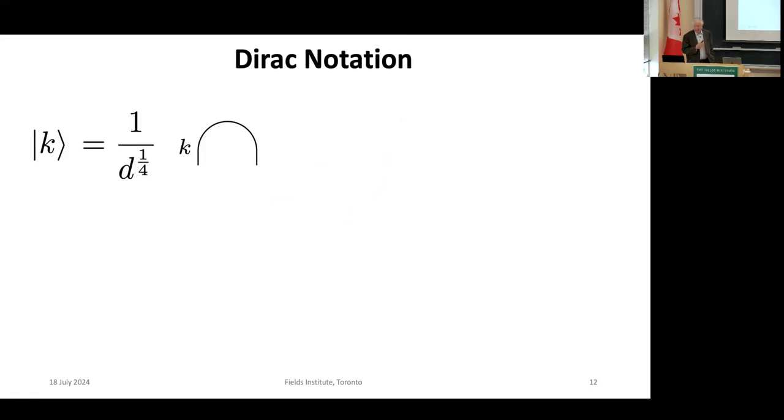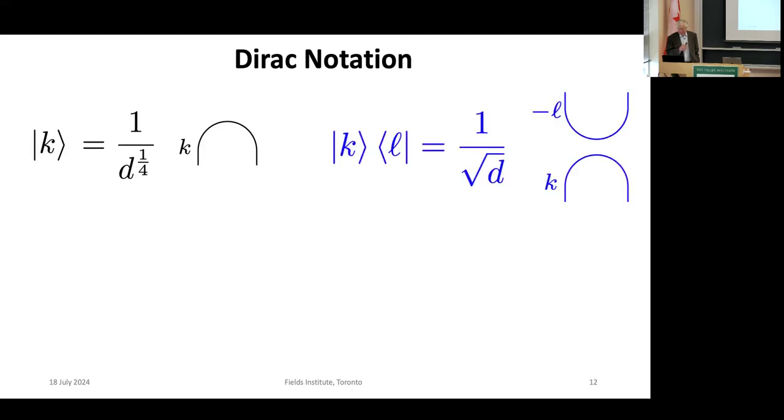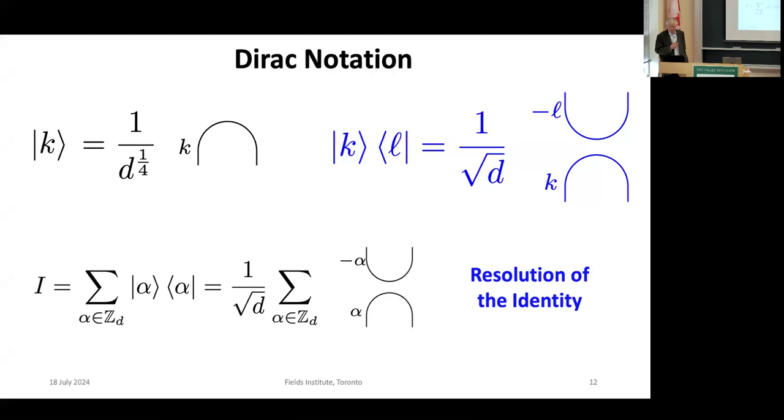So to connect to Dirac notation, this is the basis element K, and the matrix unit is the map from L to K. And the resolution of the identity then is given by the sum of the diagonal elements of the matrix units.